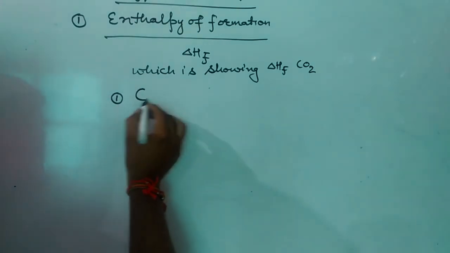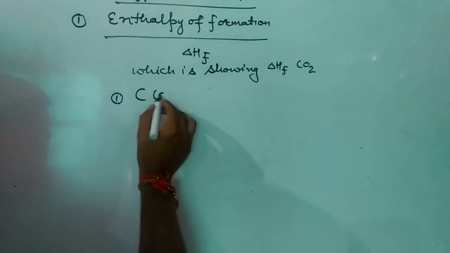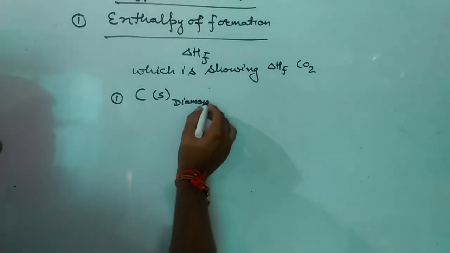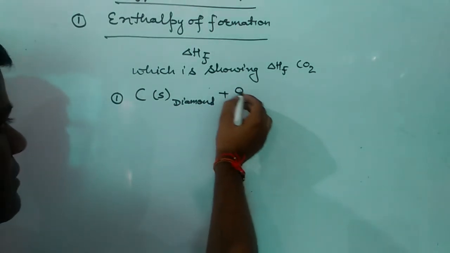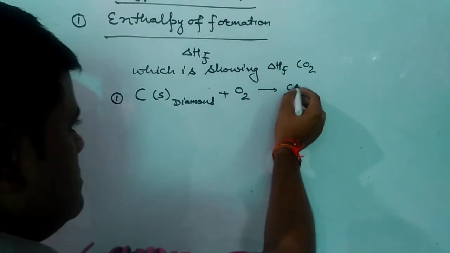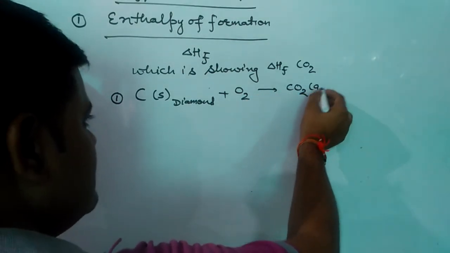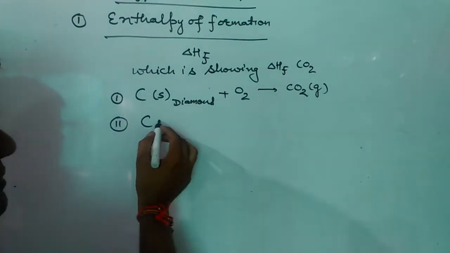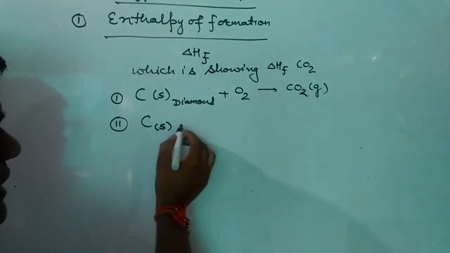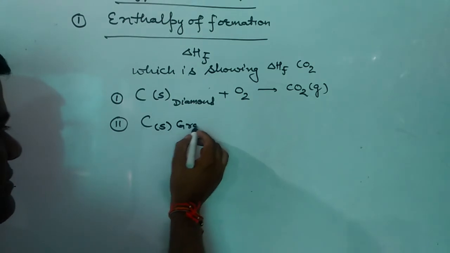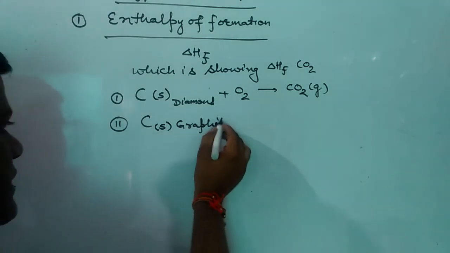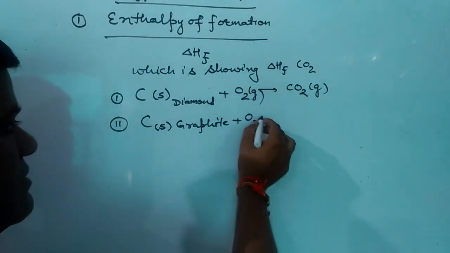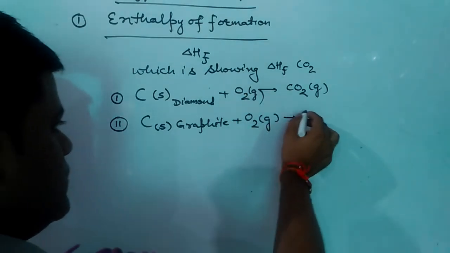The first one: carbon solid in the form of diamond plus O2 gives CO2 gas. Second option is carbon solid in the form of graphite plus O2 gas gives CO2 gas.